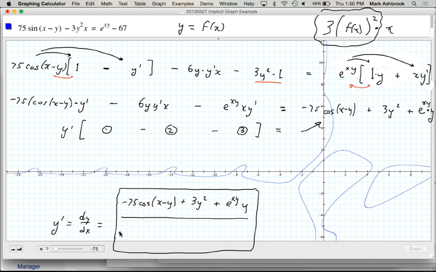So it's going to be negative 75 cosine x minus y. That's right. Okay. And then minus 6yx. So get from here when I factor out y prime, and then minus e to the xy times x.